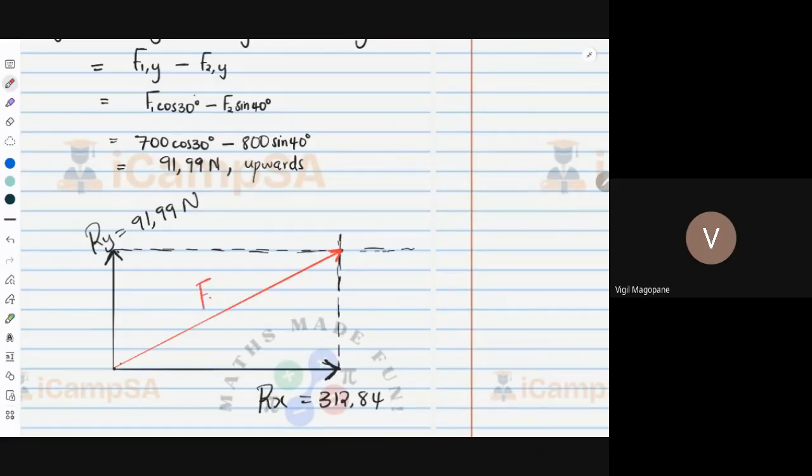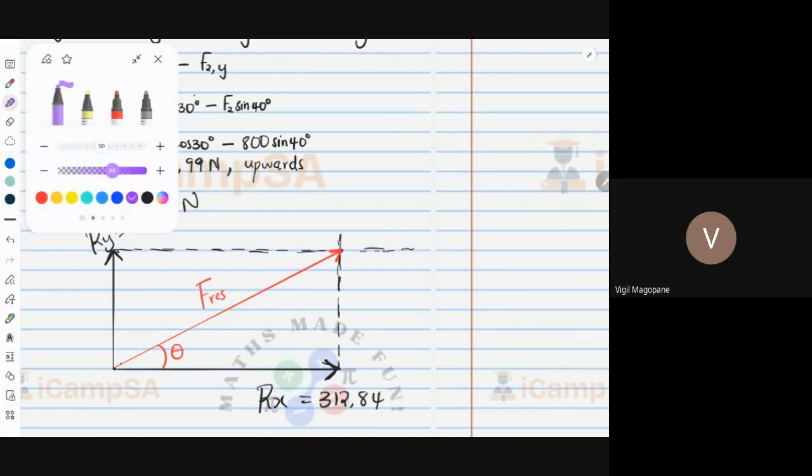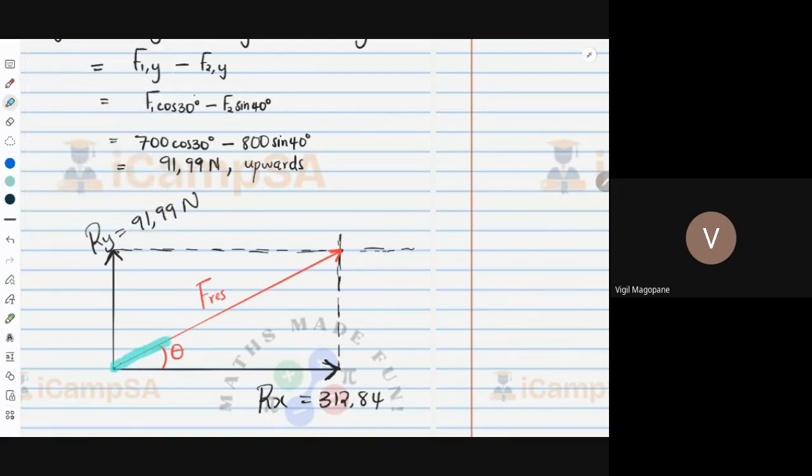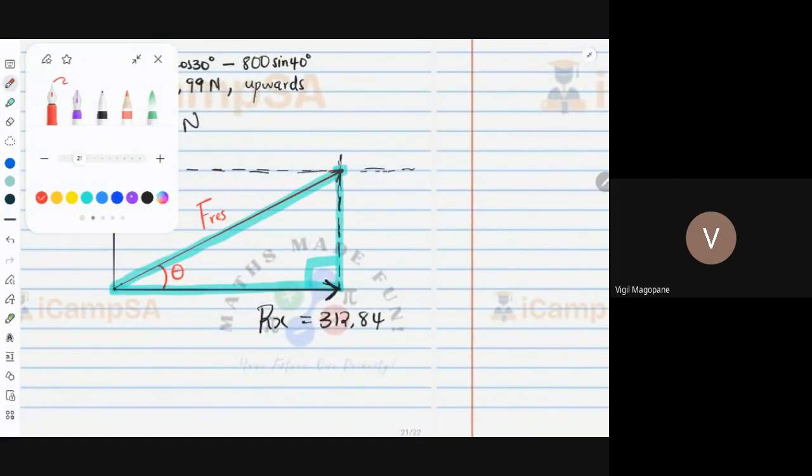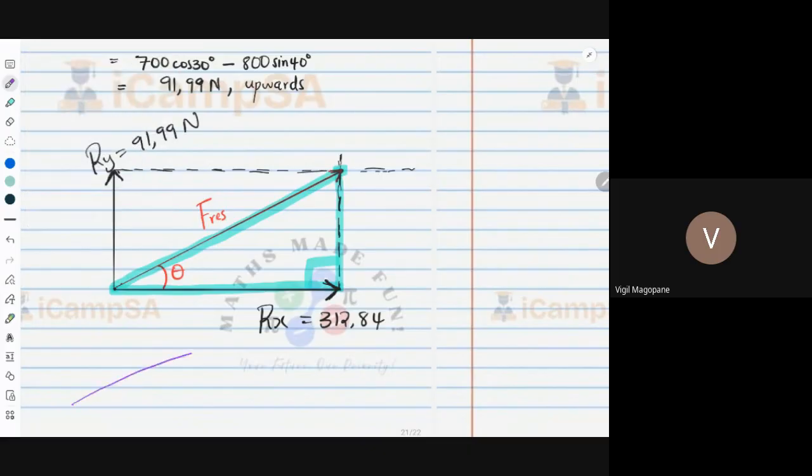This is F resultant, and then it will have a theta. So now, if you remember what I've been telling you this entire time, this thing right here is a right angle triangle. Do you see it? This is a right angle triangle. And now, if we do it, we essentially have something like this.